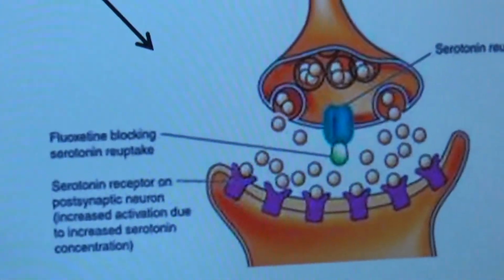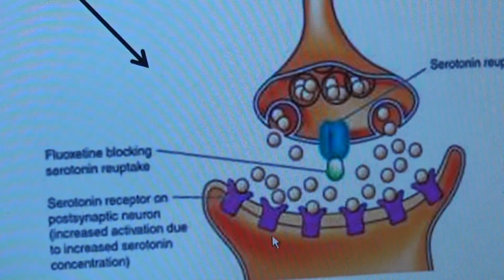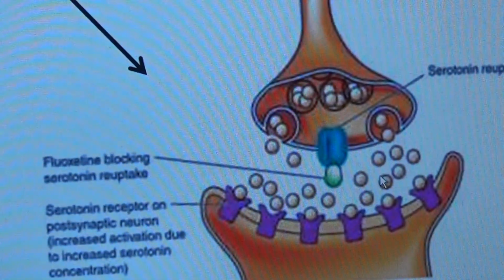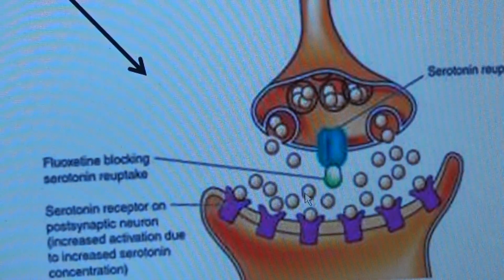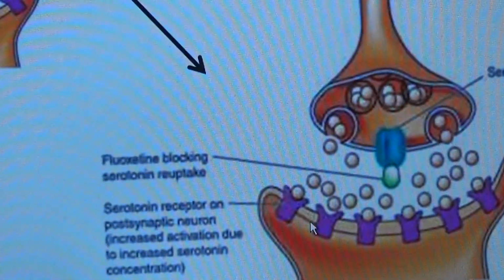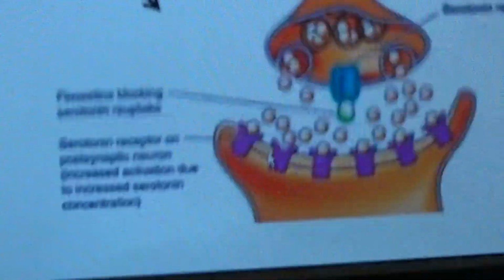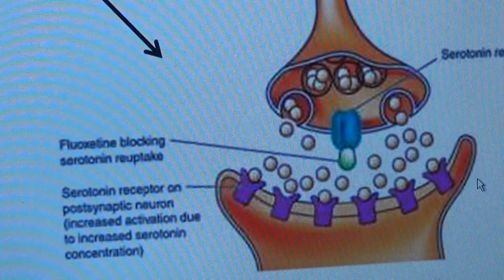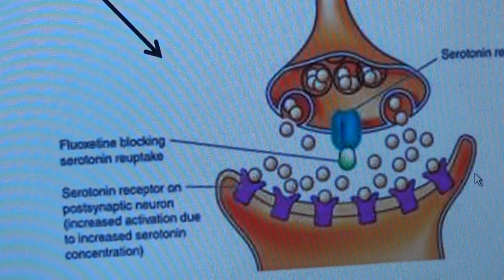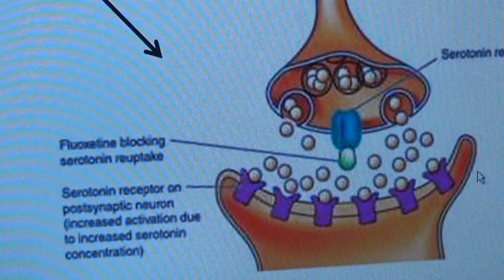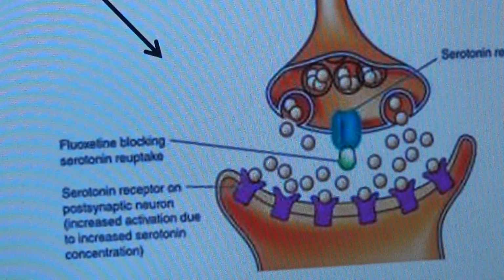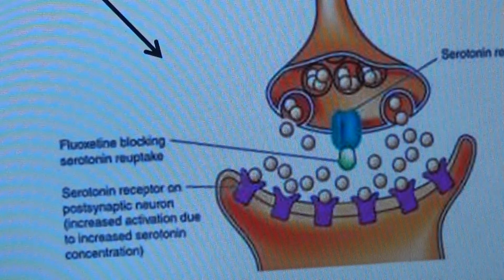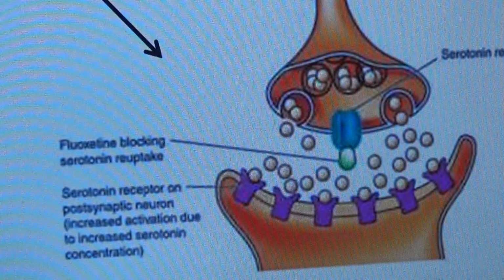if you're blocking the reuptake, there is more serotonin floating around in the cleft, more likely to bind to the postsynaptic neuron, and that creates more activation of the serotonin system, which treats depression, or some of the symptoms that people suffer in depression.